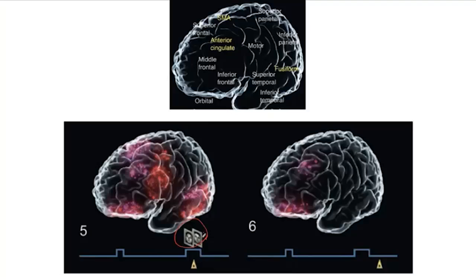And as soon as we get the question, now we need to respond, so we get supplementary motor areas and some motor parts of the brain. The supplementary motor area and cingulate gyrus get involved in receiving the question and doing the response.